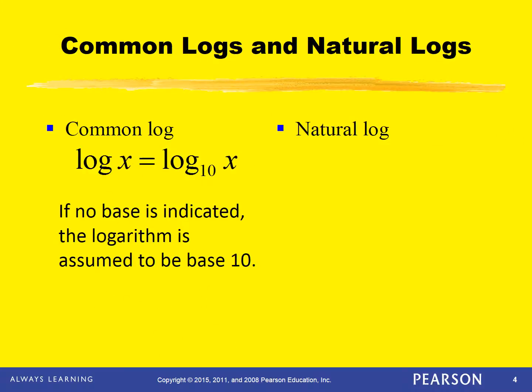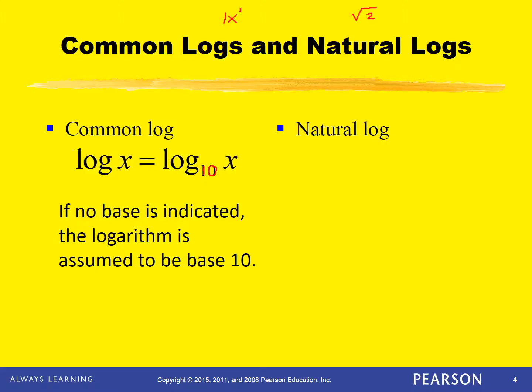And so here we have a statement of common log. This says that the default base of a logarithm is 10. If you don't see a base, then the base is 10. There's always a default, right? If you have x, what is the default exponent? The default exponent is 1. What is the default coefficient? The default coefficient is 1. If you have a square root, what is the default index?